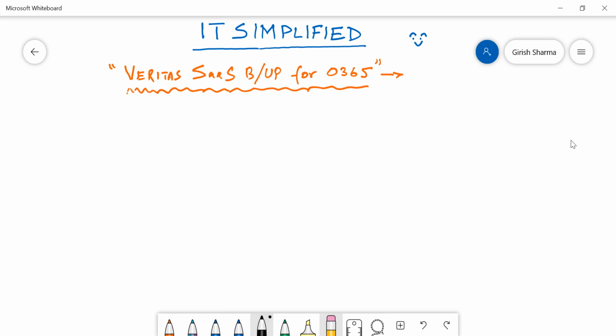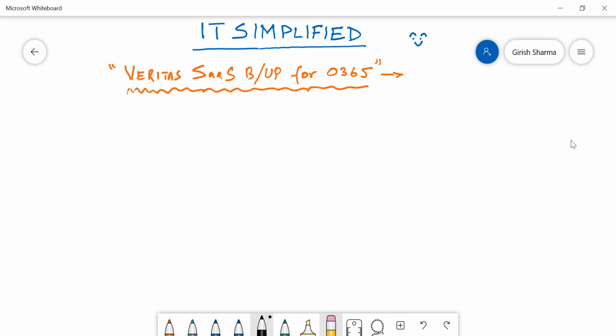So let's start from the basic understanding of what Office 365 is. Then we'll look into what are the challenges being offered, and finally we'll come to how Veritas Software as a Service Backup can help you in protecting these SaaS applications.